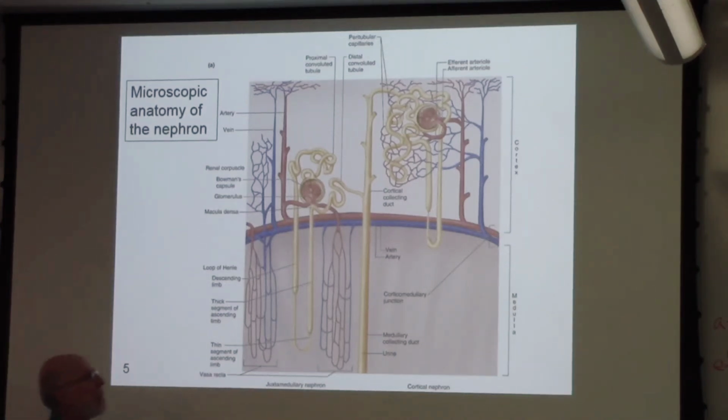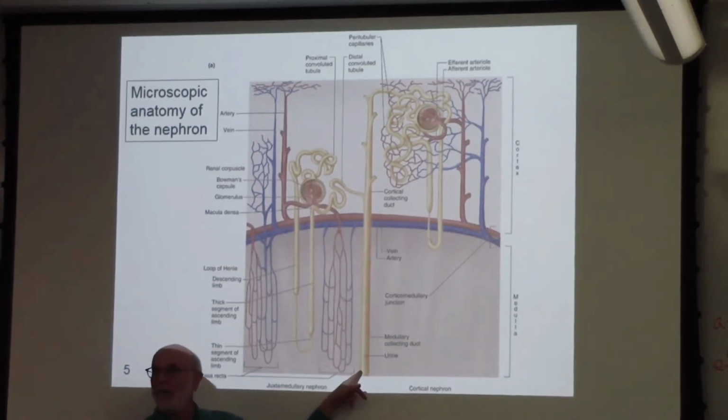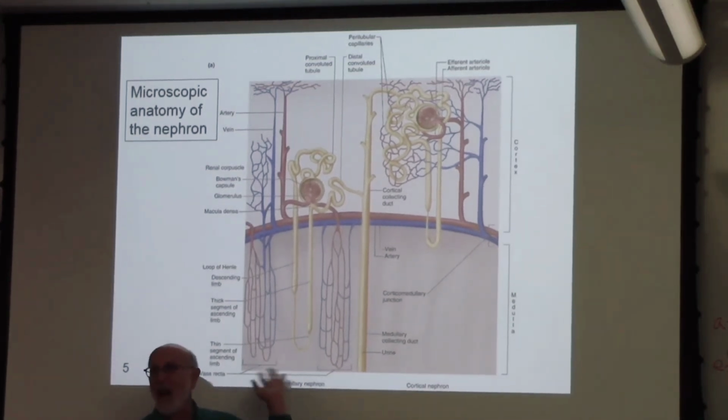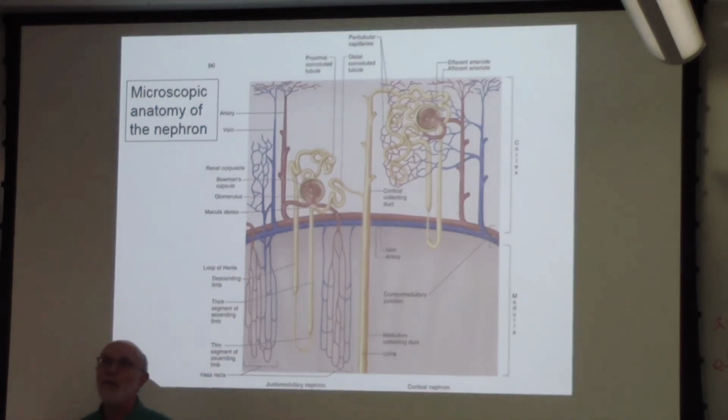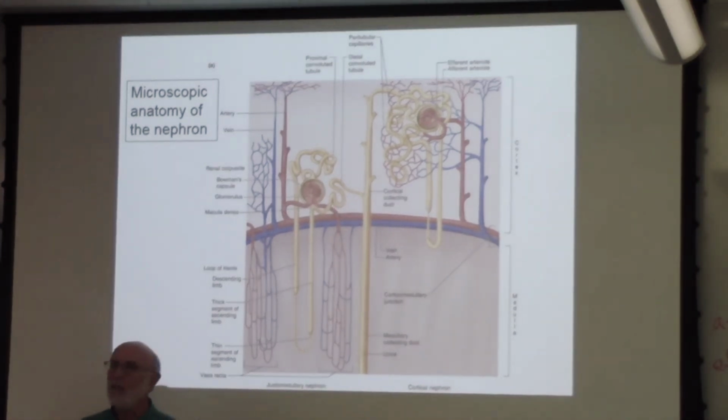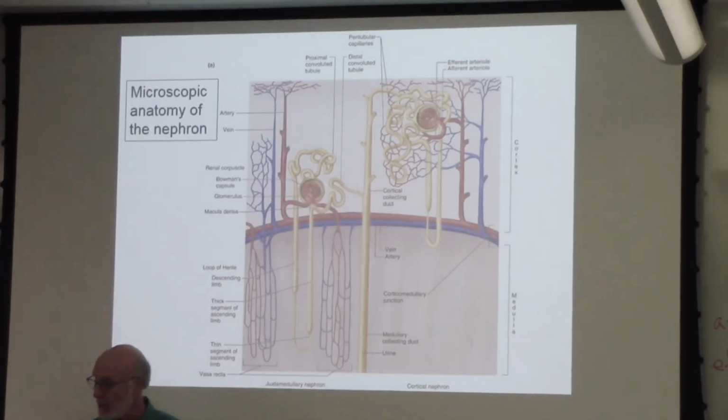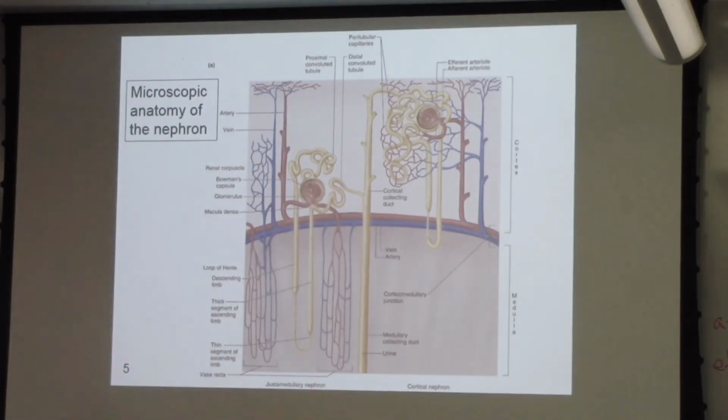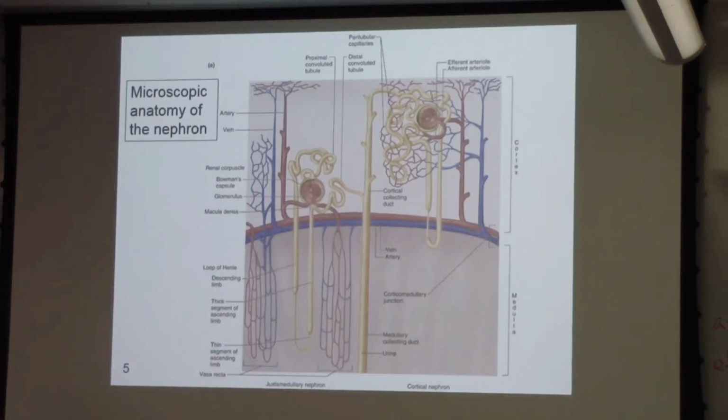And by the end of the medullary collecting tubule, we call it urine. Before that, it is not urine. You can call it tubular fluid, you can call it processed filtrate. I use the word tubular fluid most of the time. So we get 100 mils per minute of filtrate, and then we process it to get 1 mil per minute of urine, and in between, it's tubular fluid. Get to use the word tubular a lot, it's very fun.